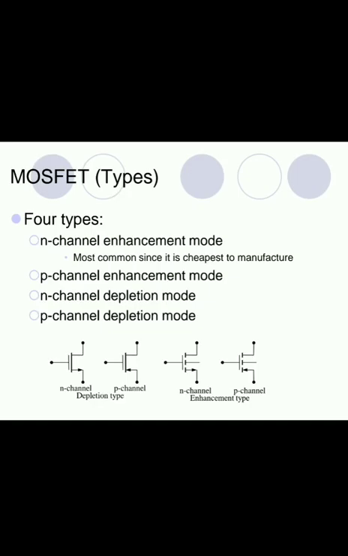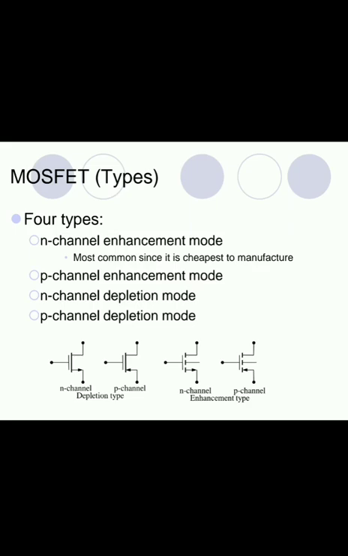depletion channel MOSFET. So there are basically two types of the MOSFET. These are nothing but depletion and the enhancement. What is the difference between depletion and enhancement? In enhancement, you will not get a channel, but in the depletion, you will get the channel. So enhancement is also divided into two types.